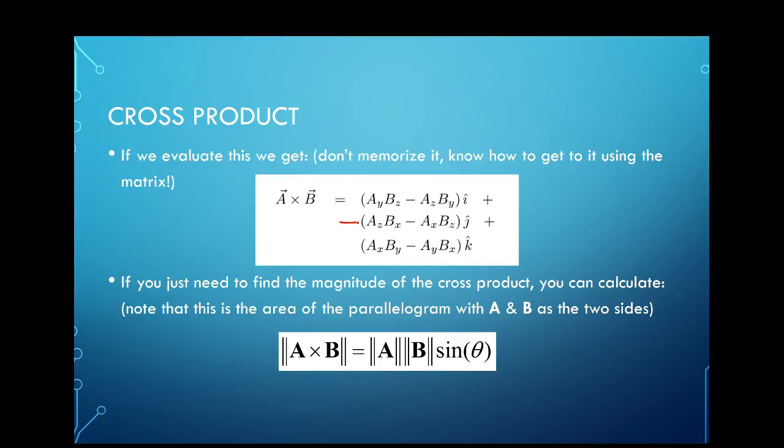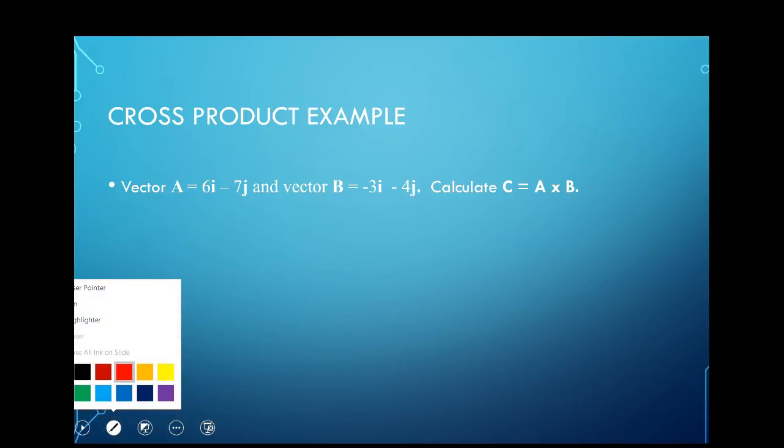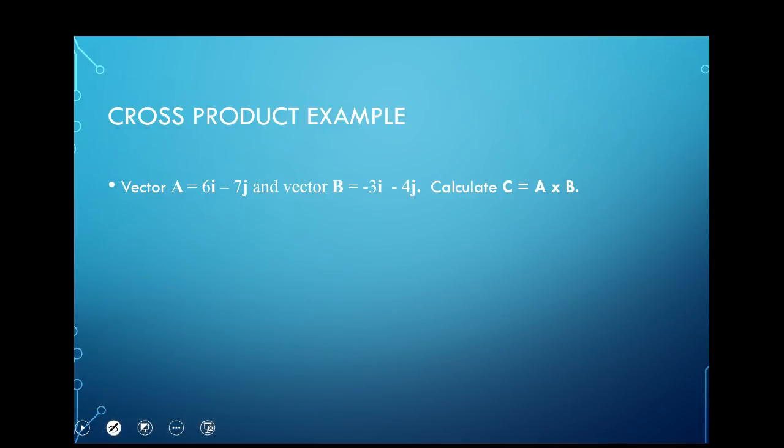Okay, and the other thing to keep in mind here is that we can calculate the magnitude of the cross product by thinking about the area of a parallelogram with A and B as the two sides. Okay, so we'll take the same two vectors as before, 6i minus 7j, and B is 3i minus 4j.